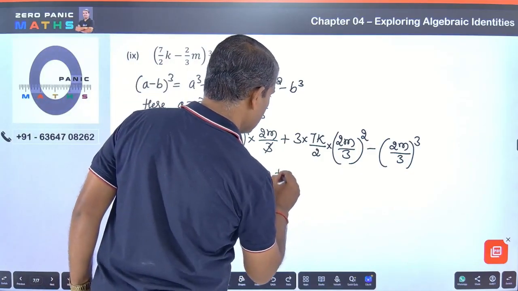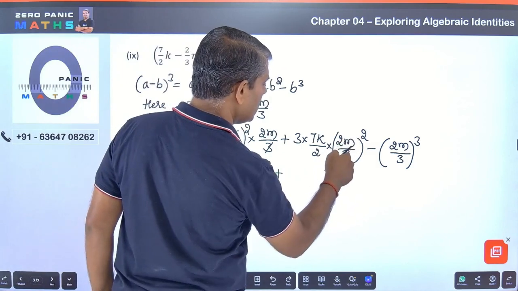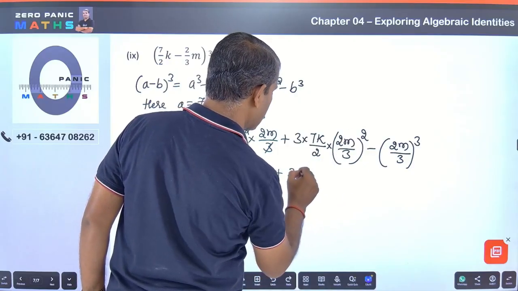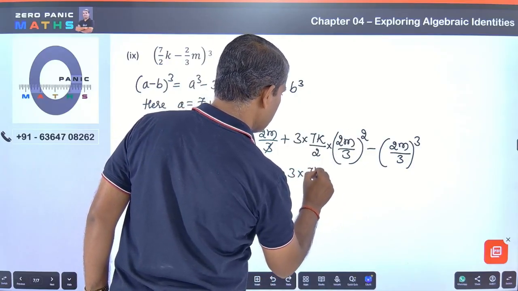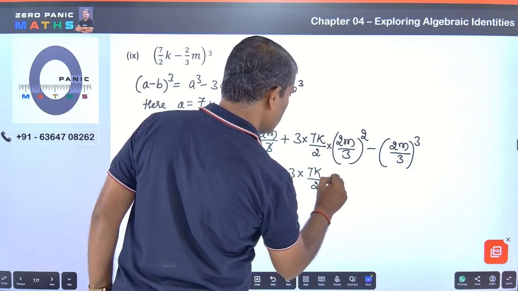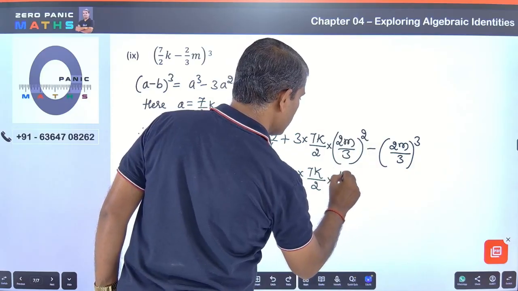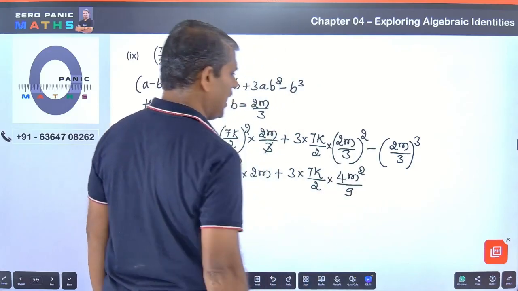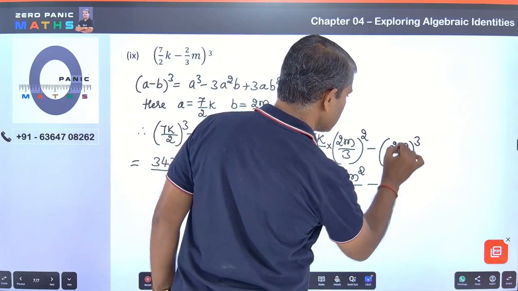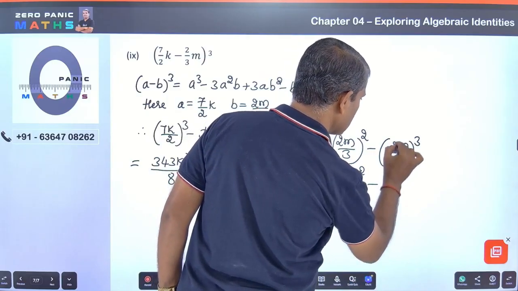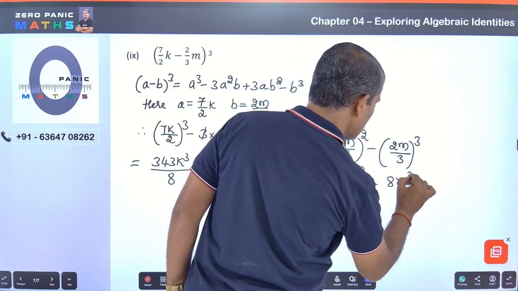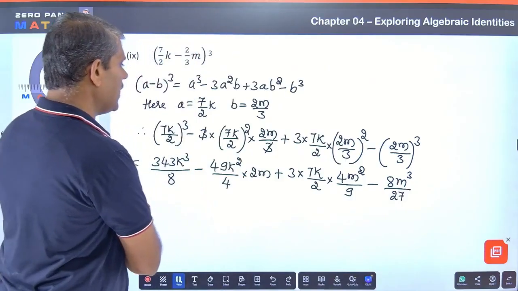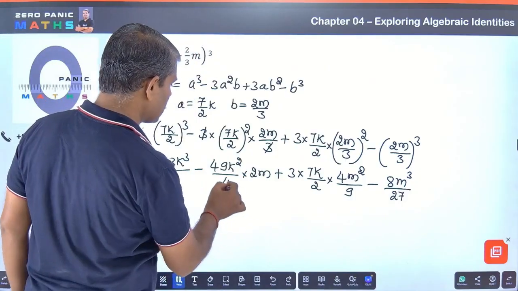Plus again here also the 3 square will get cancelled with this, but we cannot do that until we expand this. 3 into 7k divided by 2 multiplied by 2 square, which is 4, and m square divided by 3 square, which is 9. Again minus, it is 8, because it is 2 cube, 8 m cube, and 3 cube, which is 27. 3 threes are 9, 3 nines are 27. Now let us cancel the things.